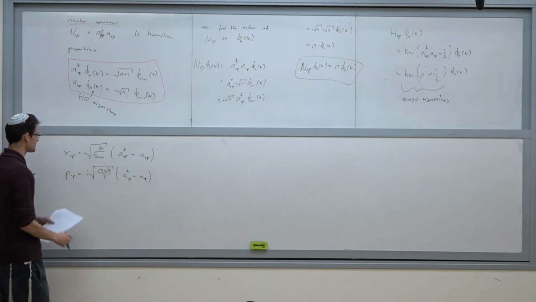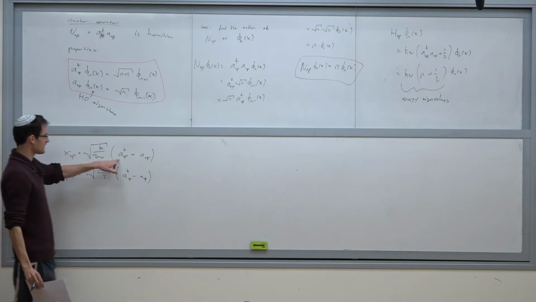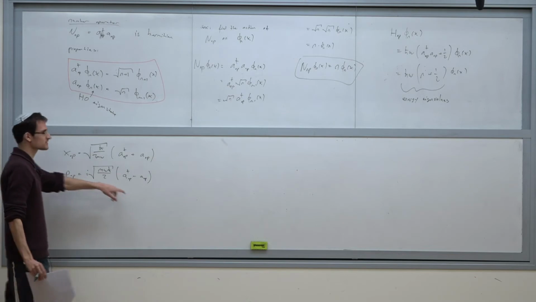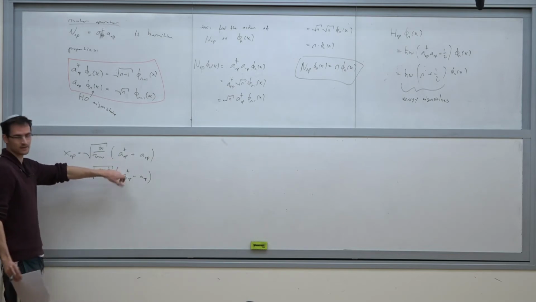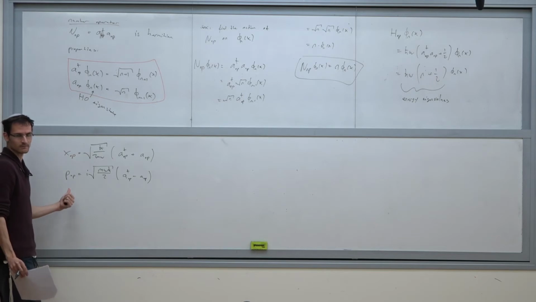So you see that the X and the P operator are either A dagger plus A or A dagger minus A. I just got this by taking the definition of A dagger and A in terms of X and P, and then eliminating X and P. That's what I did.